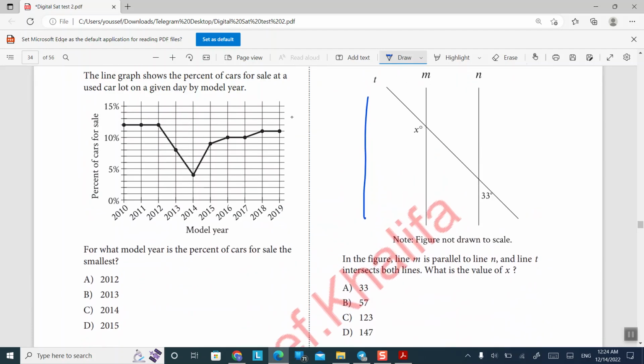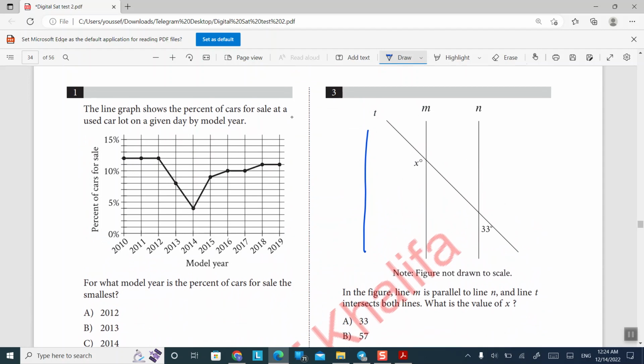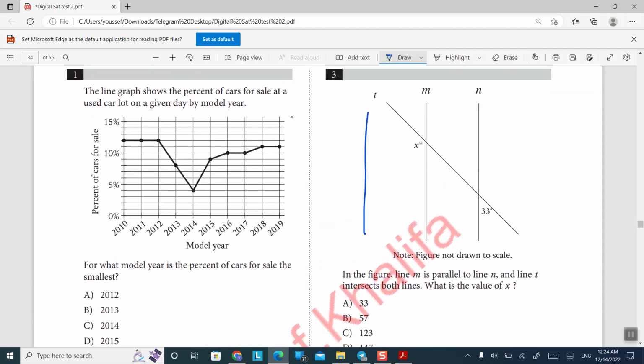So let's start with the first question, which says that the line graph shows the percent of cars for sale at Q's car lot on a given day by model year. For what model year is the percent of cars for sale the smallest?